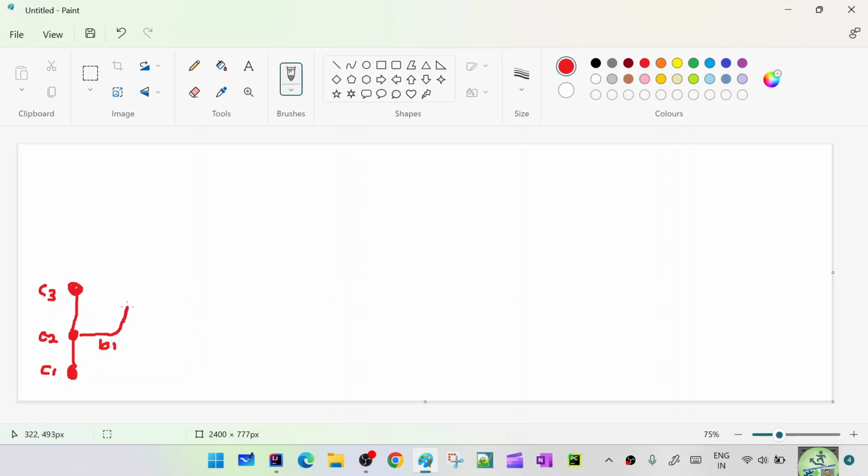Let's say here we have branch 1 commit 1, B1 C1, and similarly one more commit over here. We need to understand this one, guys. This is B1 C2, the second commit we have. So now this is the state.